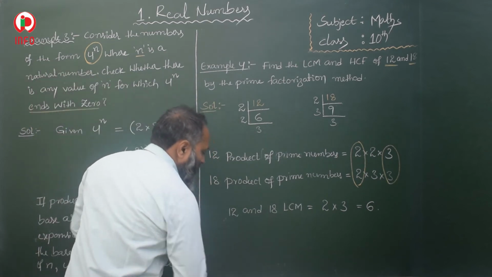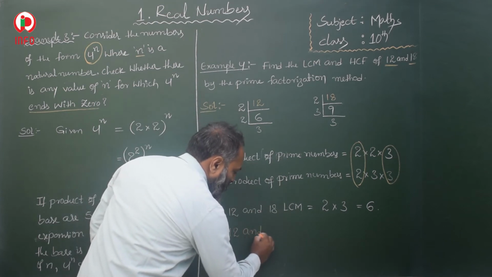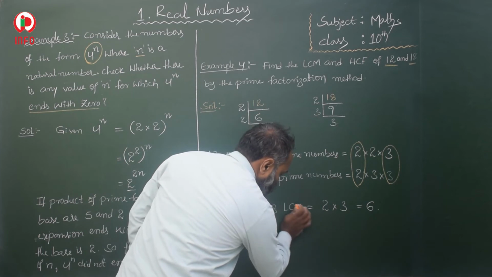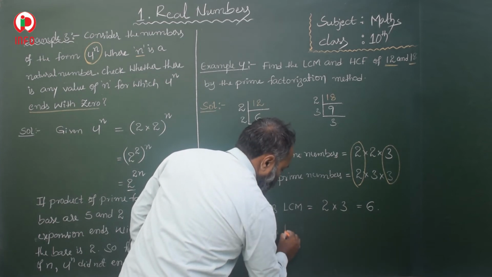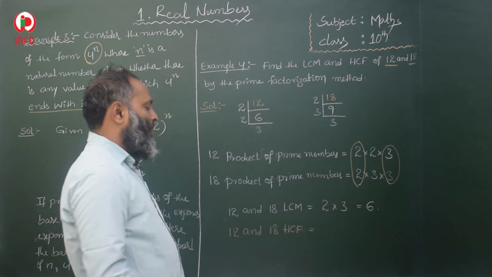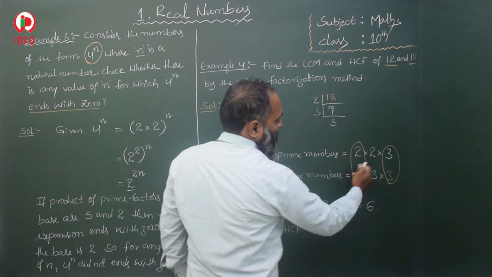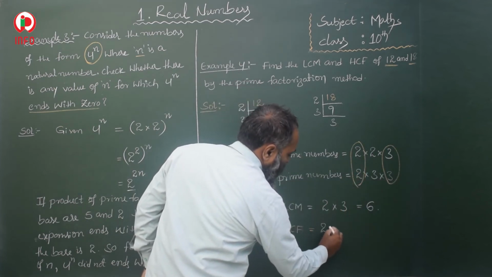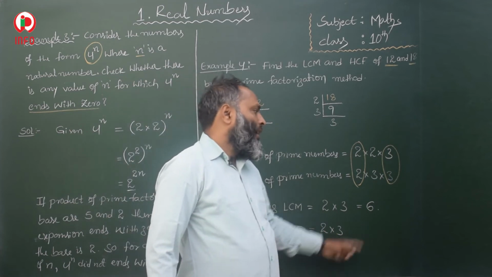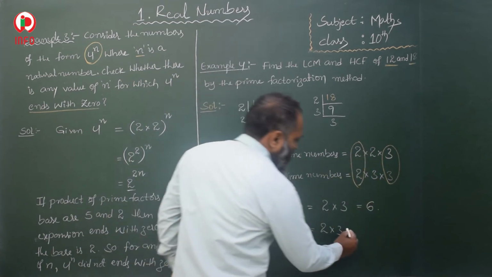Now for 12 and 18, the HCF, highest common factor. Then how to take the HCF? First, whatever the common factors are, you take them one time, like 2 into 3, like the LCM. Whatever you wrote for the LCM, write that, and whatever numbers are left, we should write those again.